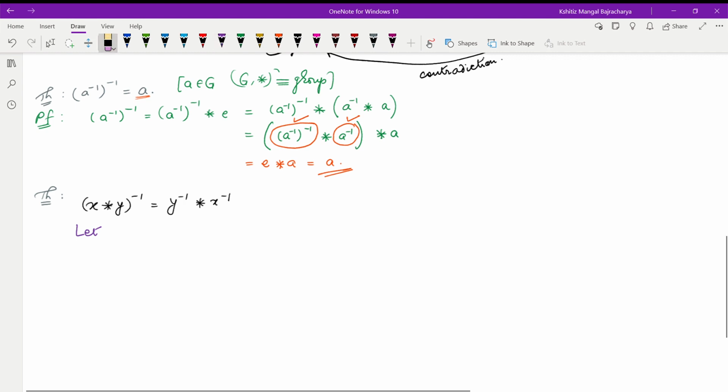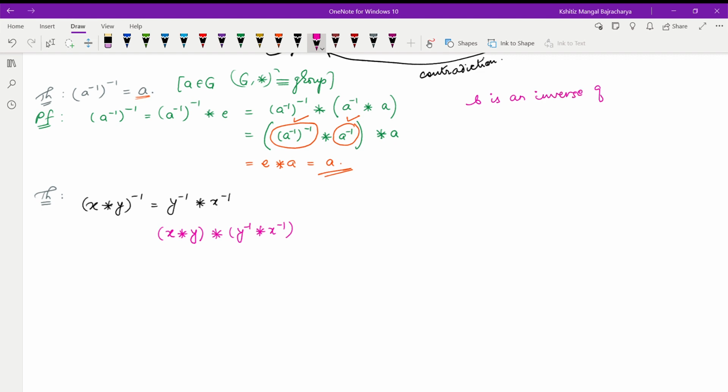We're already given this, we don't need to assume this to be anything. Let's see, x star y, inverse star x inverse. Okay, now to be an inverse, if B is an inverse of A, that is B is equal to A inverse, then by definition we must have B star A is equal to A star B to be equal to the identity.